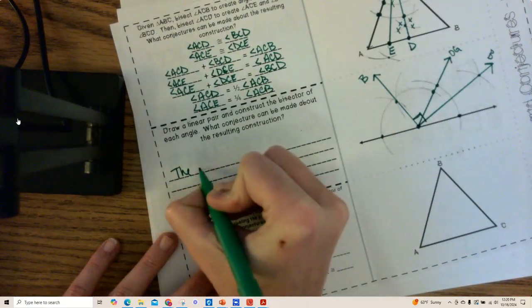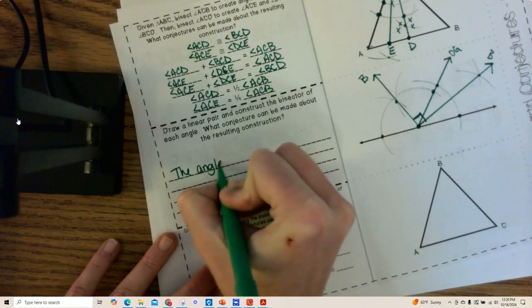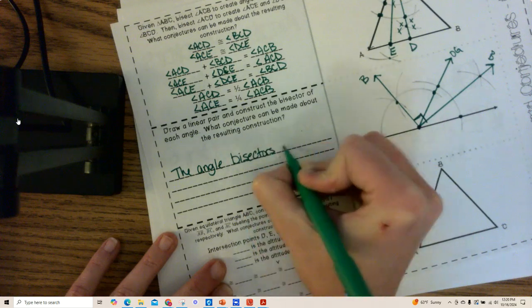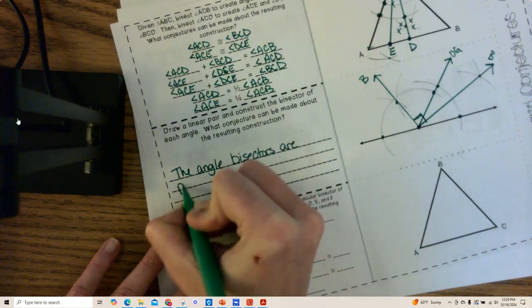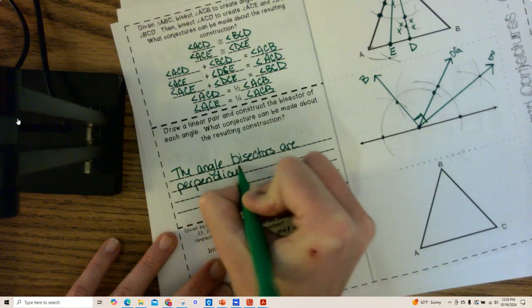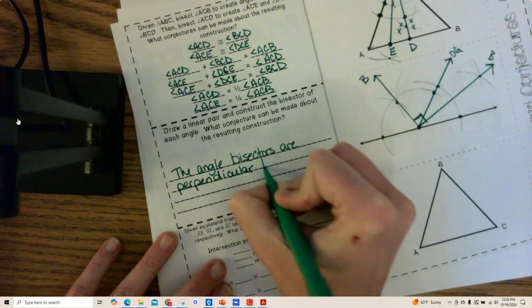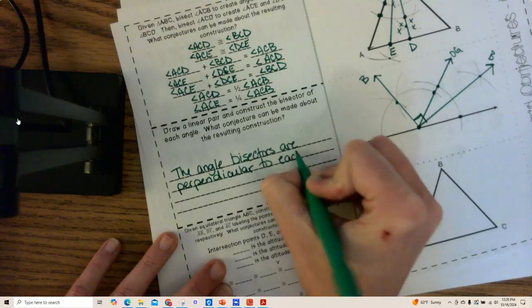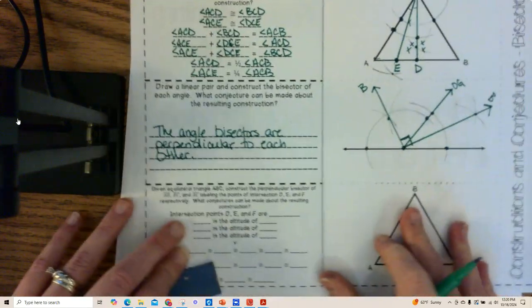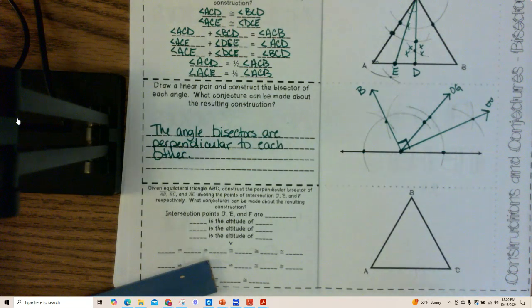So that's what goes here. To each other. So the angle bisectors are perpendicular to each other.